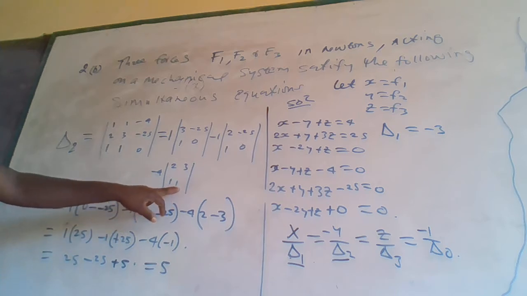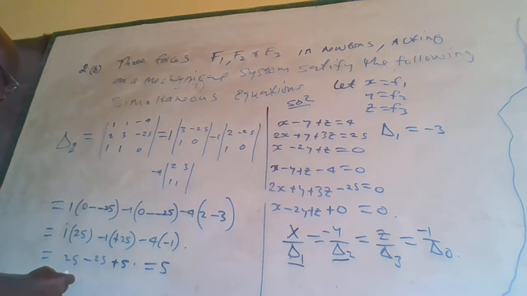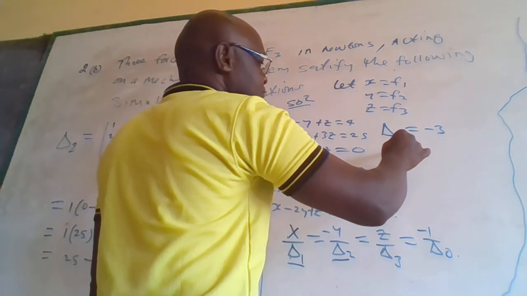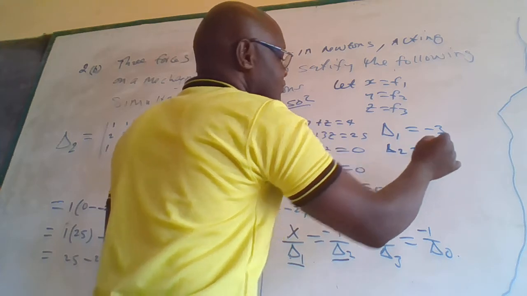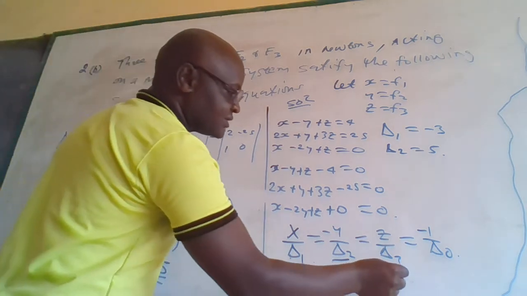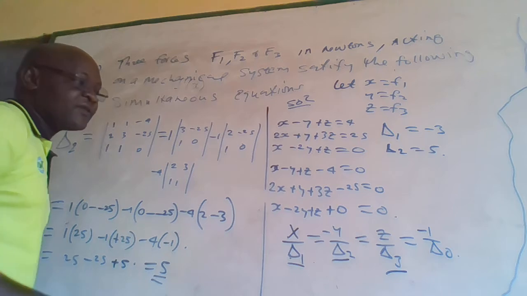Then lastly 1 times 2, we have 2, minus 3, so that's fine. So we are saying that L2 equals 5. So once we have L2, we can now find day 3.